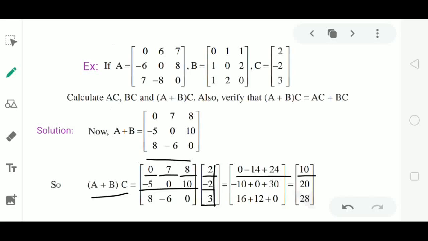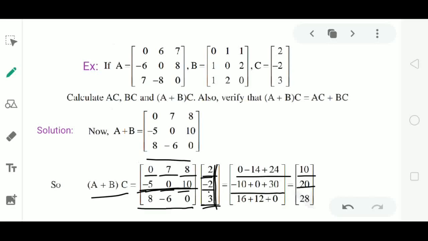We multiply the elements of the second row with the corresponding elements of the column of matrix C: minus 5 into 2 plus 0 into minus 2 plus 10 into 3, which is minus 10 plus 0 plus 30, equal to 20.